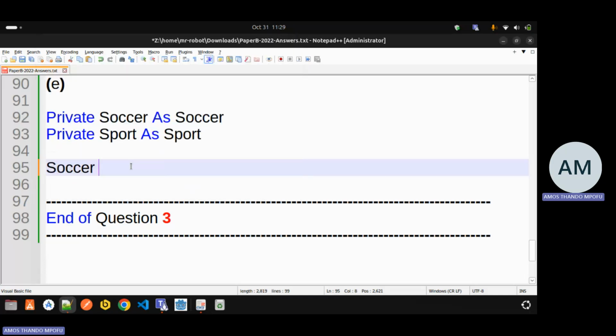I basically try to store sport into soccer. I try to store this sport, but sport is a base class, and this is the child. So I have to demote this one, meaning it's going to go downwards.